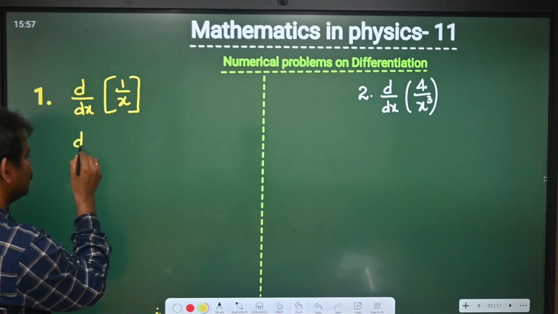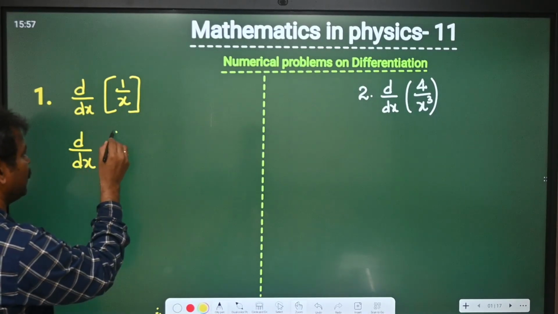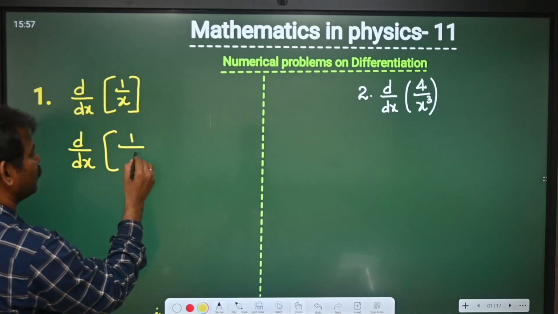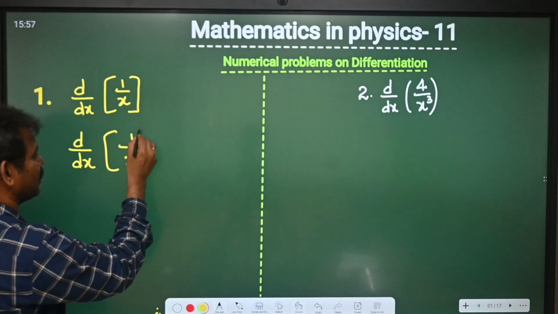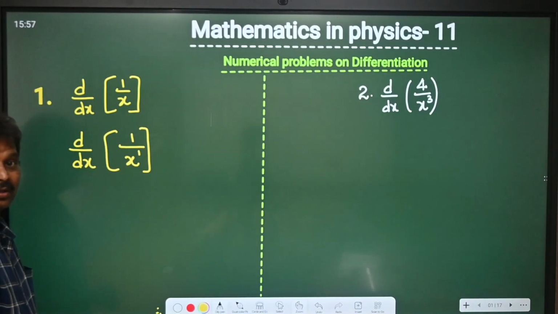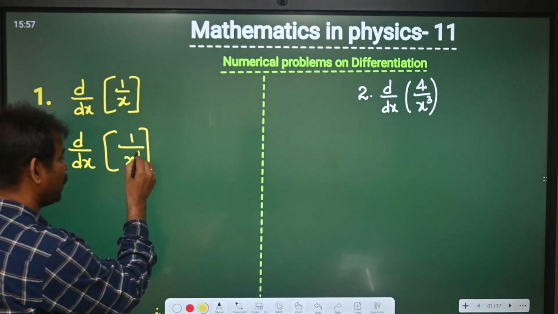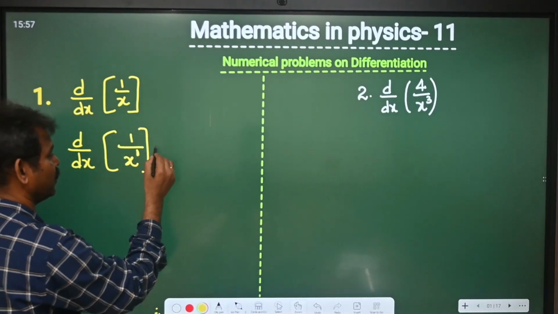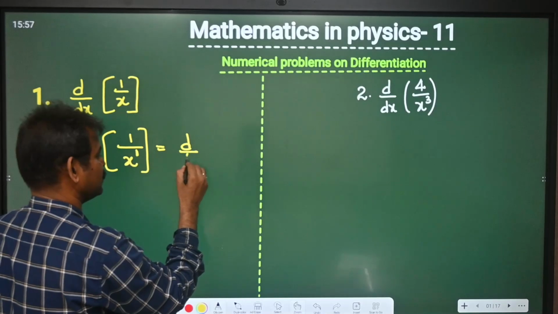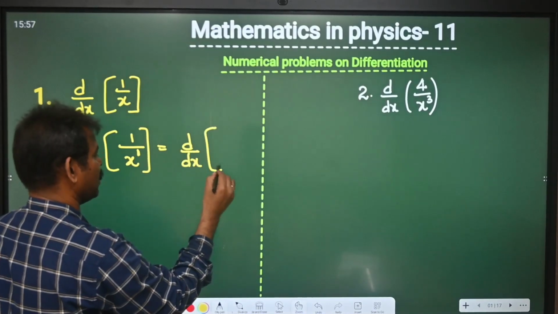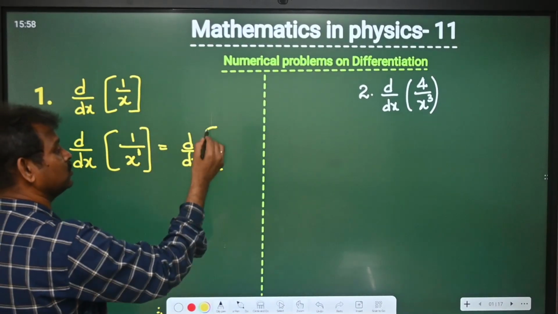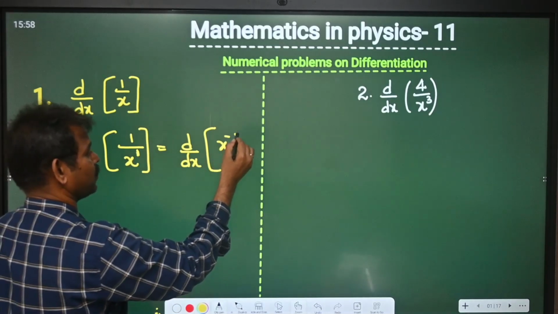This can be written as d by dx of 1 by x power 1, because to apply the power rule we need a power for the variable. Here the power is 1, which can also be written as d by dx of x power 1; when it goes up, this will become x power minus 1.